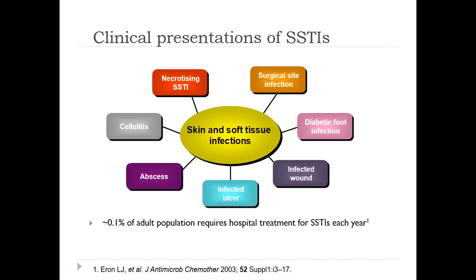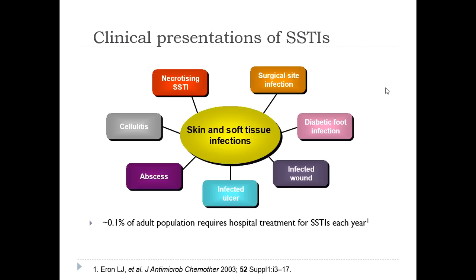intensive care units. So I will not be going into the details of the classifications and all, but broadly speaking, if you look at a skin and soft tissue infection, which is an SSTI, they can be of various types, like a surgical infection, a diabetic foot, or an infected wound, infected ulcer, any abscess, cellulitis, and then necrotizing skin and soft tissue infections.